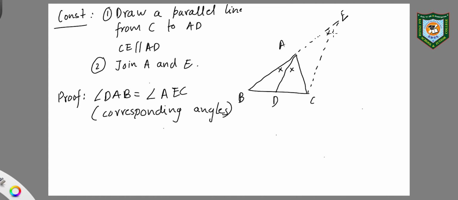Now as we can see that AD is parallel to EC and AC is a line between those two parallel lines, I can safely again say angle ACE is equal to angle DAC, by alternate angles.